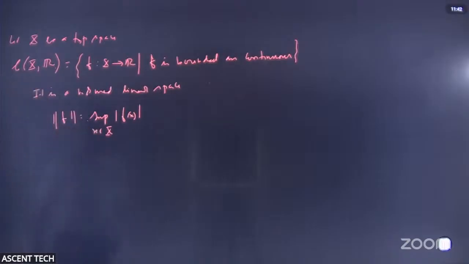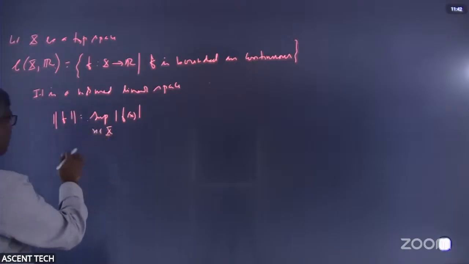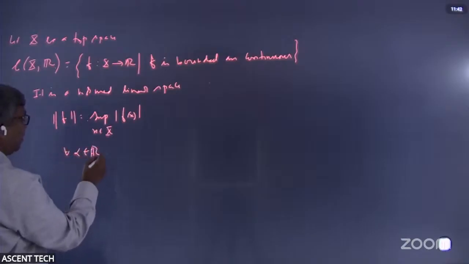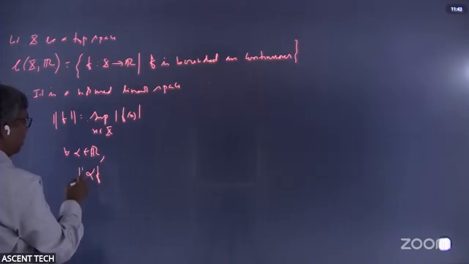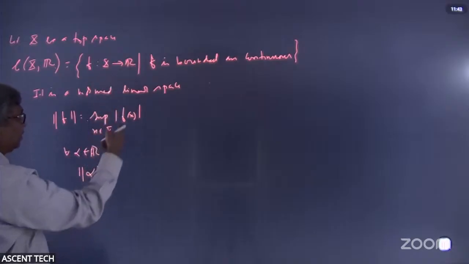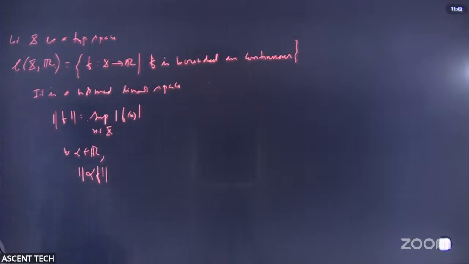We're not studying everything; we're studying only these function spaces. In this norm, for each alpha in R, you can talk about the norm of alpha f. You're multiplying with a real number because f(x) is a real number, so multiplication makes sense. But if f(x) is a complex number, I can multiply with a complex number too.